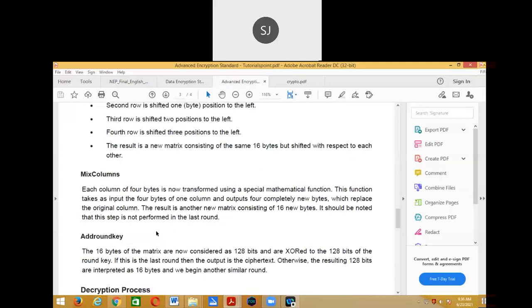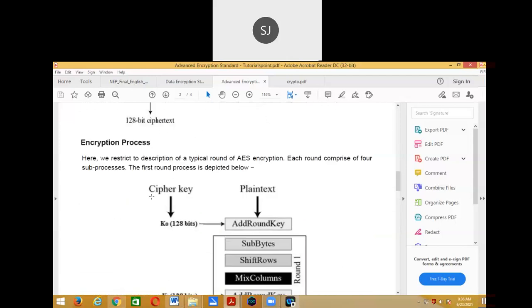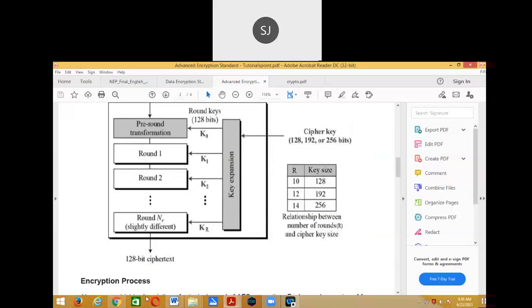Is it clear? Yes. The decryption process, one thing you remember, is always the inverse of encryption. If this is encryption, then you go in the reverse way. Whatever the last round is becomes the first round in decryption, and it proceeds like that.